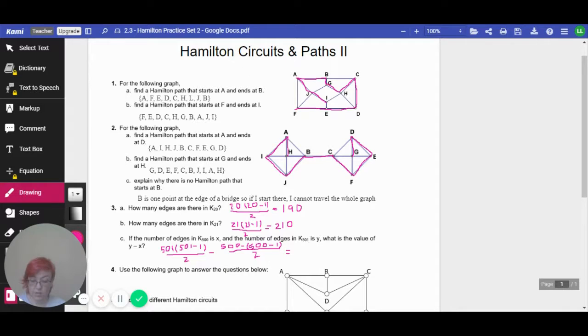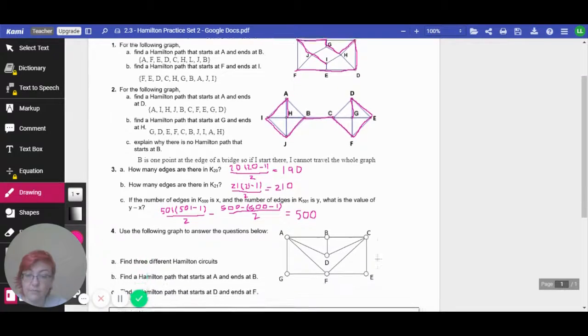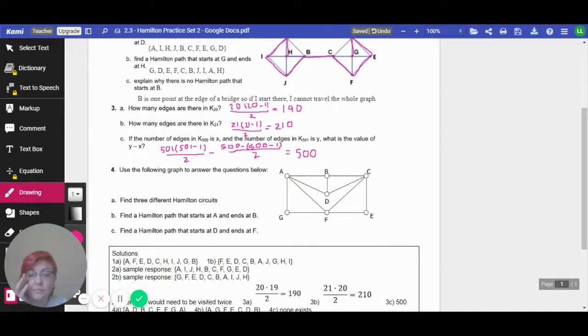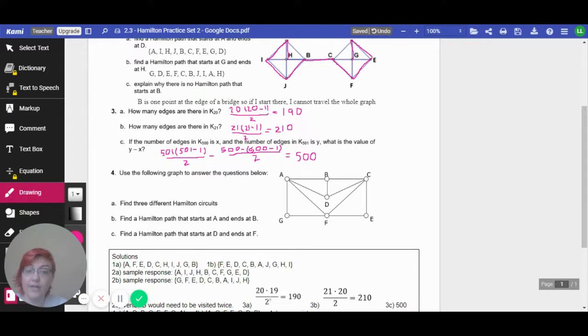So once I do the subtraction, I will get 500 as my value for Y minus X. Okay, so let's take a look. Oh, and you can see here, checking our work, that we got the 190, the 210, and the 500. Let's take a look at number 4.